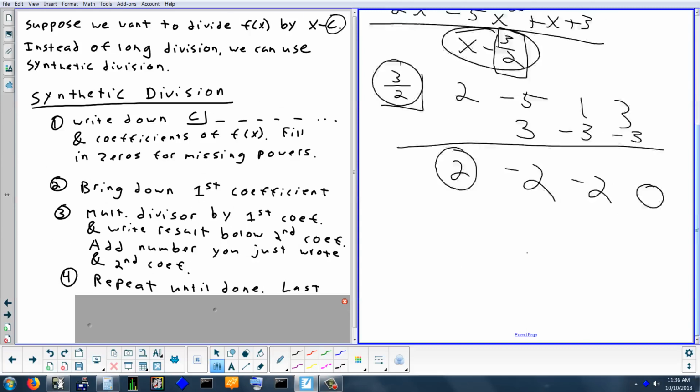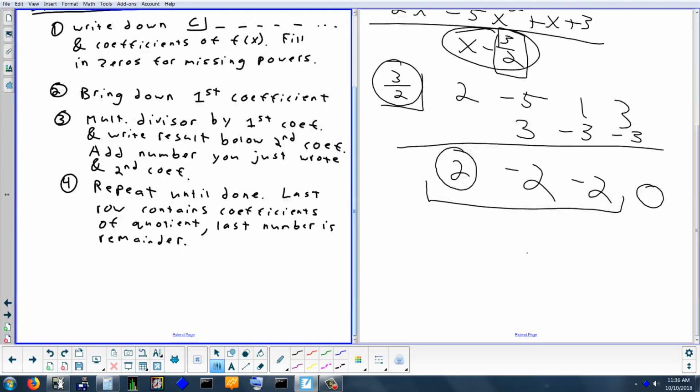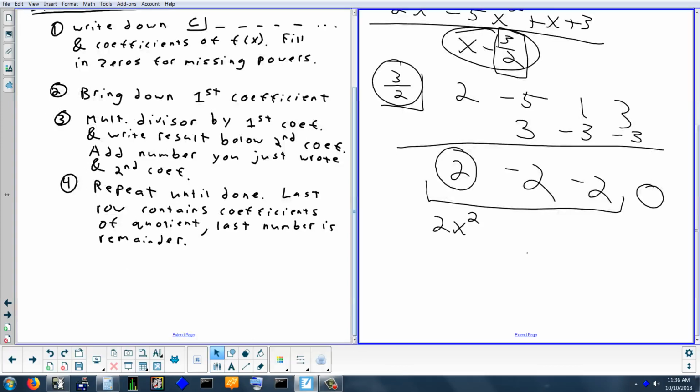So that means the other part, that's your quotient. I've done this before. Where have I done this? Probably algebra 2. So now, I'm just explaining what the last row means. The last row is the coefficients of your quotient. So that's 2x squared minus 2x minus 2.